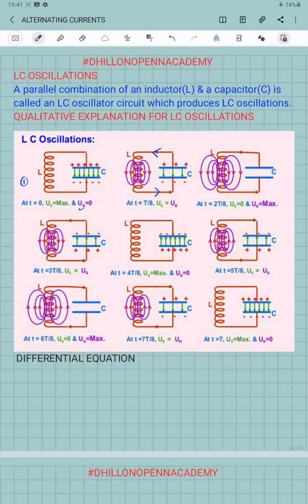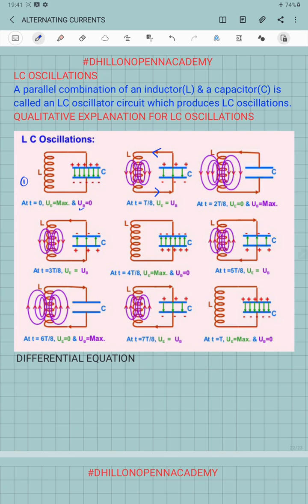So the current supplied by the capacitor is running anti-clockwise, and the induced current is running clockwise. Due to this inductive effect provided by the induced EMF of the inductor, the capacitor will take some amount of time to get discharged through the inductor.